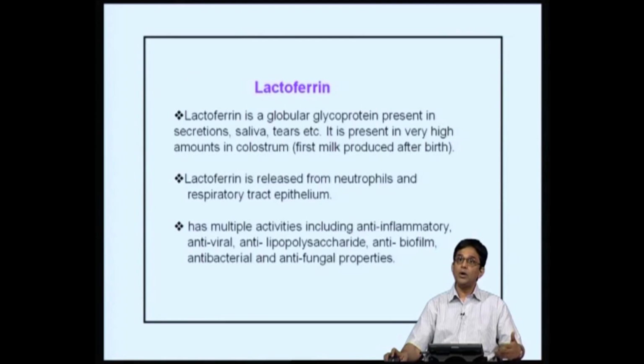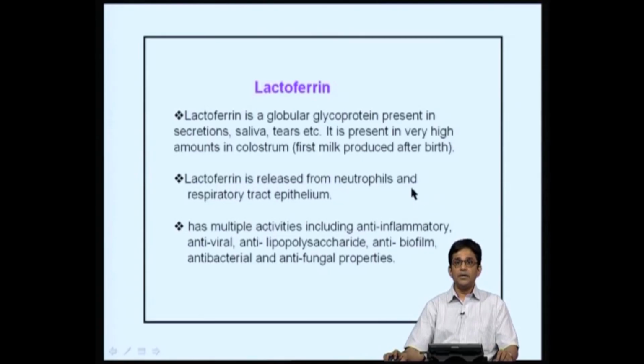They do not have an immune system of their own, and they rely a lot on their mothers for their immune response. So, perhaps for the initial few months, lactoferrin may be playing an important role because it is present in very high amounts in colostrum, which is the first milk that is produced after birth.